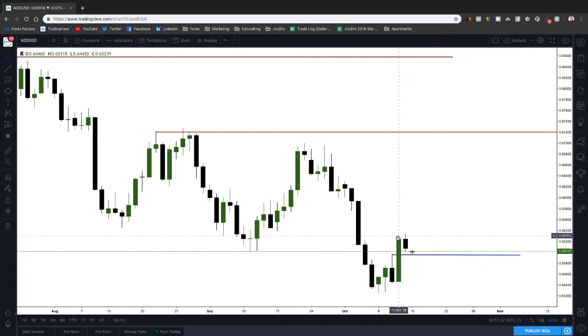Because if AUD NZD is pushing lower, that means weakness for AUD. If USD is pushing higher, that means weakness for foreign currency. So what would be the better pair to trade? AUD USD. That's why I would do it that way.